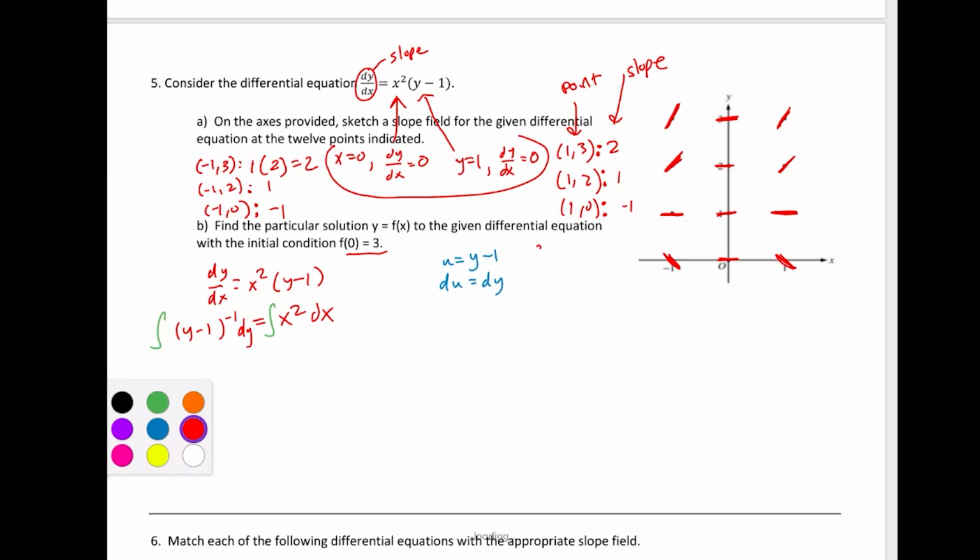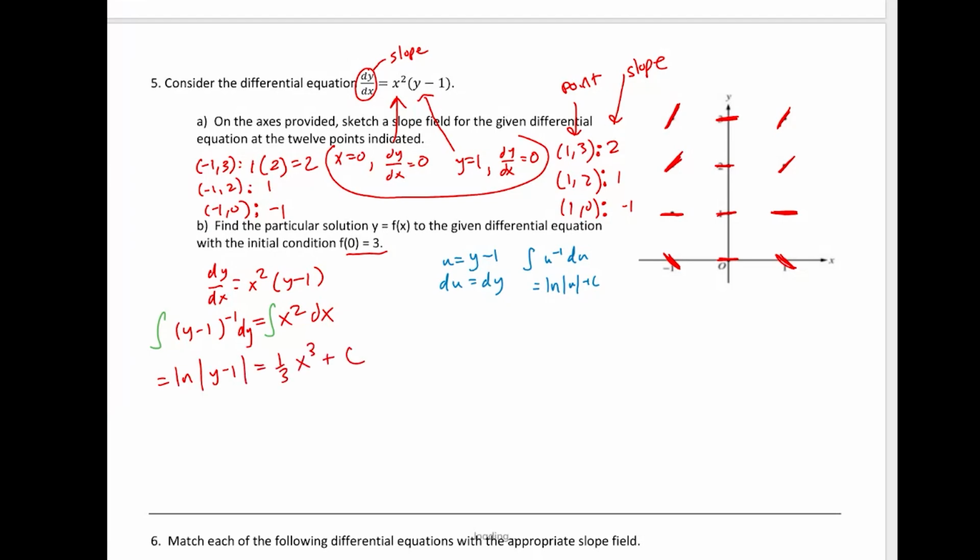So the integral of u to the negative 1 du is going to be the natural log of u plus c. All right, so that integral will be the natural log of the absolute value of y minus 1 equals 1/3 times x cubed plus c.